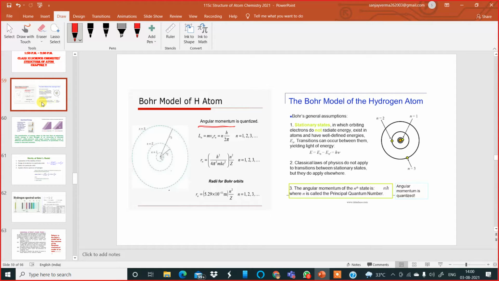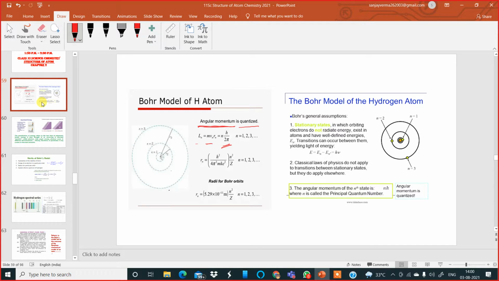Please note that this angular momentum is quantized. The symbol for angular momentum is L, which is mvr, the product of mass, velocity and radius of the electron. That is equal to nh by 2 pi.